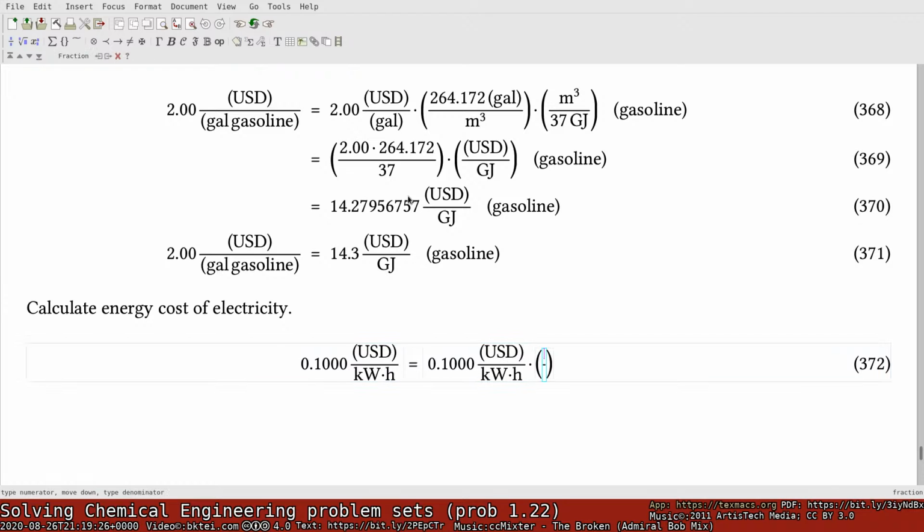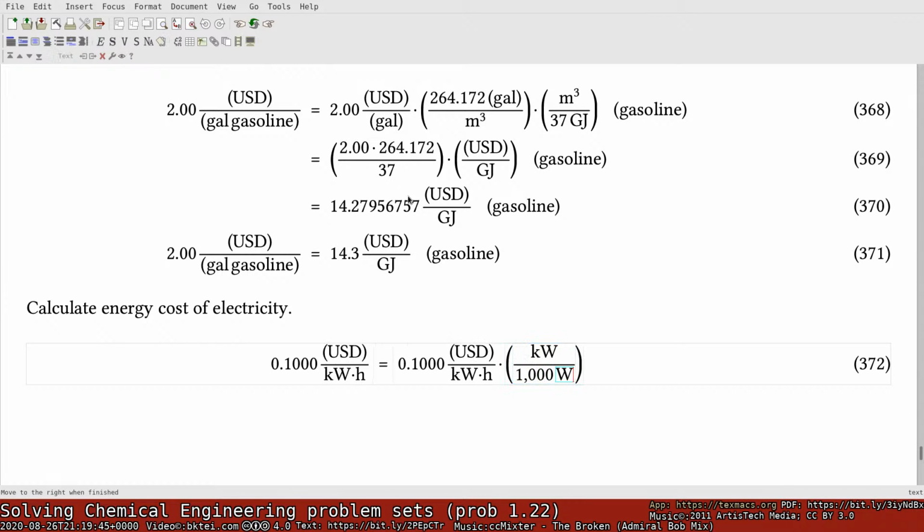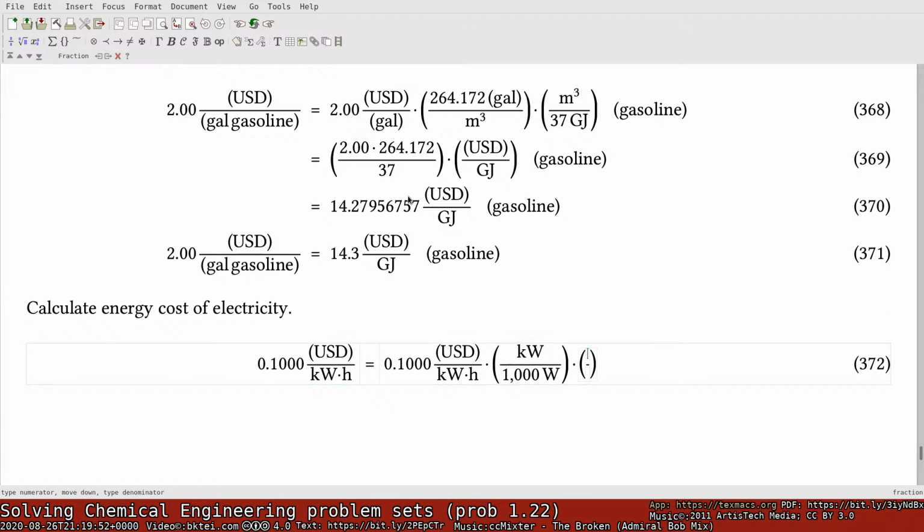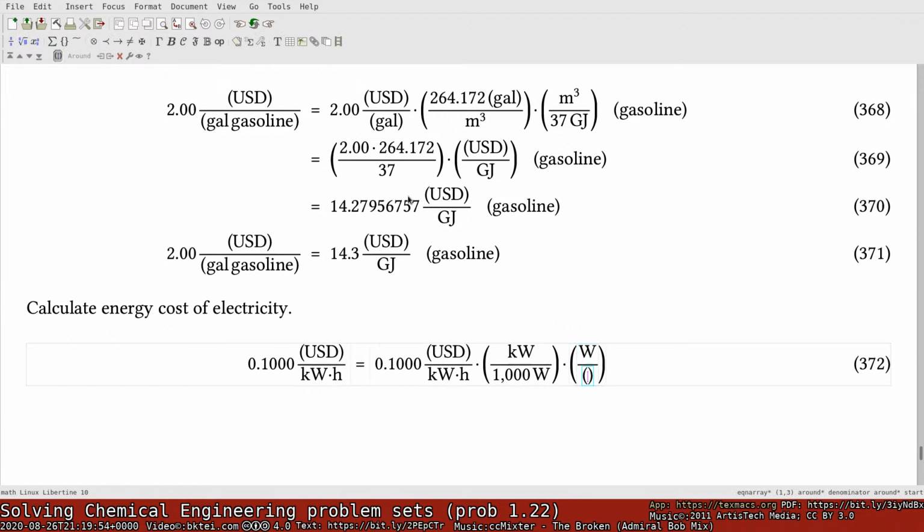Let's go from kilowatts to kilojoules first. Every kilowatt, we got 1,000 watts. For every watt, we got 1 joule per second.